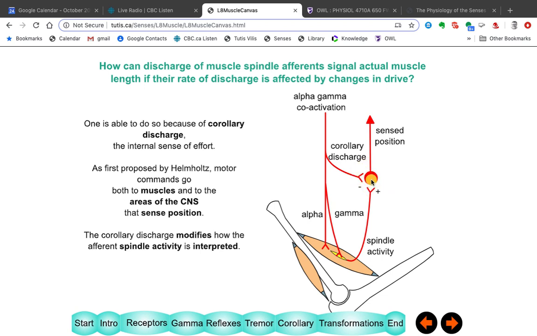I say the brain because we're not quite sure where that is. But that structure also receives a corollary discharge. How much activity comes down this way subtracts from the activity that comes up from the spindle.